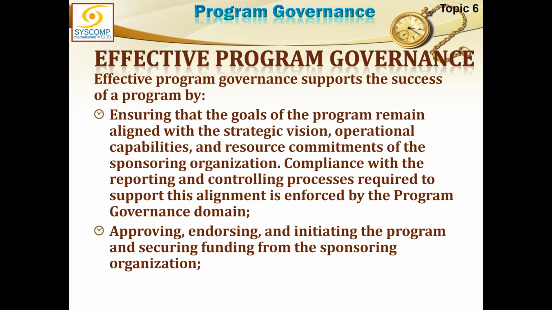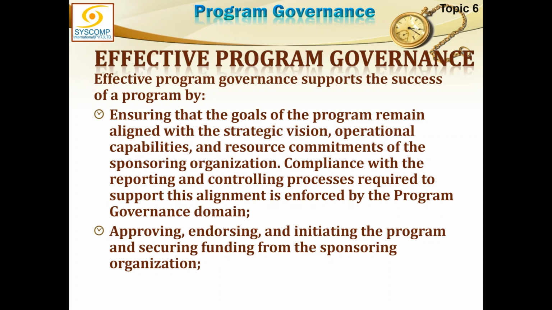Then the second job is approving, endorsing, and initiating the program and securing funding from the sponsoring organization. Now, this is again an important job, and that is where the key stakeholders, or for that matter, the sponsor comes into play. And when we talk about sponsor here, the sponsor usually has to interact with the governance board, which we'll be studying later.